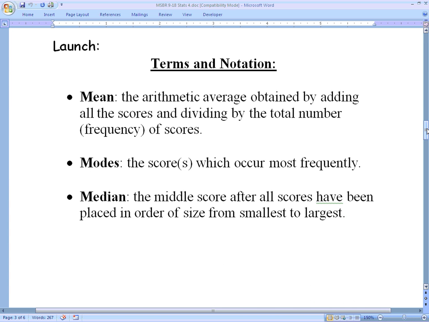To give a little review here and define these terms: mean, the arithmetic average obtained by adding all the scores and dividing by the total number of scores. So really these are all averages, but when we talk average, most of the time people are talking about the mean.